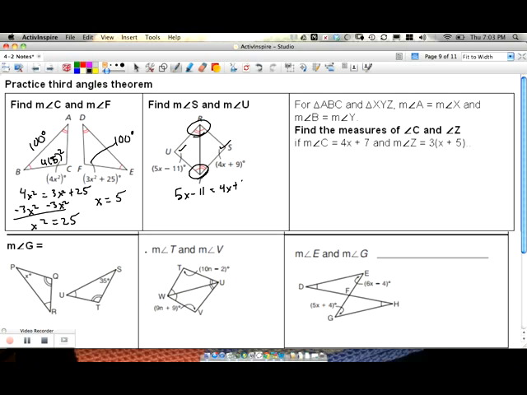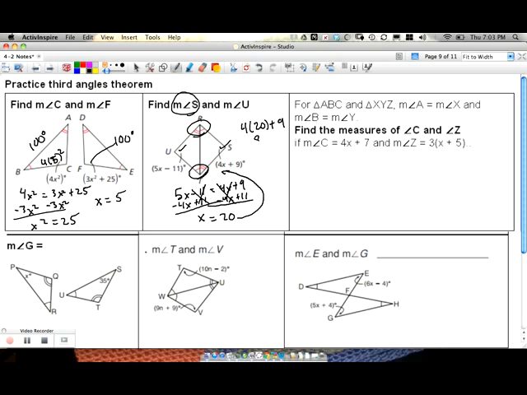That gives me x on the left side because the 11's cancel out. Then the 4x's cancel out, and I just have 20. So x equals 20. But I still got to find the measures of each. So that means I got to plug this back into here. So I'll have 4 times 20 plus 9. That gives me 80 plus 9, or 89 degrees for both angle U and angle S.